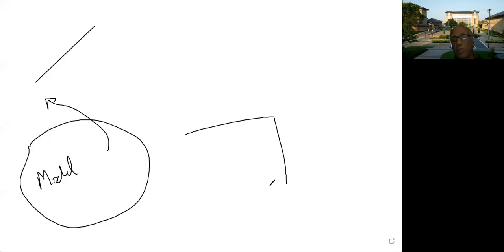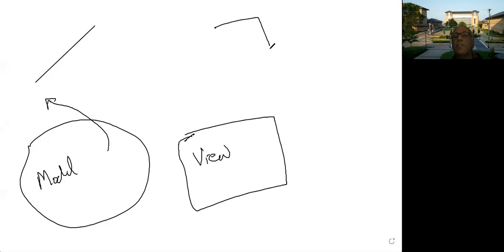Now the model has a reference to this line, and actually it is the controller which told the view object to draw, to update itself.